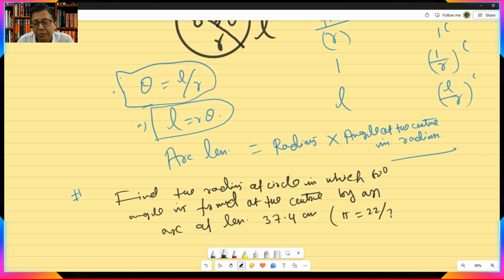Pi equal to 22 by 7. Okay? We have to answer this question.